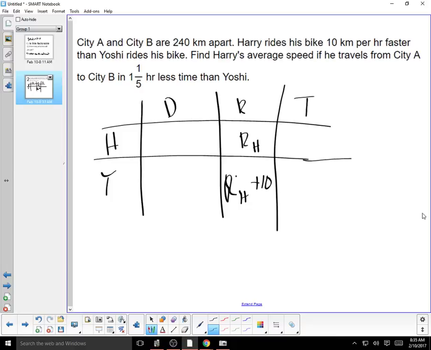Time of Harry, I'm trying to make the equations here. Time of Harry is equal to time of Yoshi, which is not true. It actually takes Harry less time, right? So in order for these to match, I got to give this guy 6/5 less.